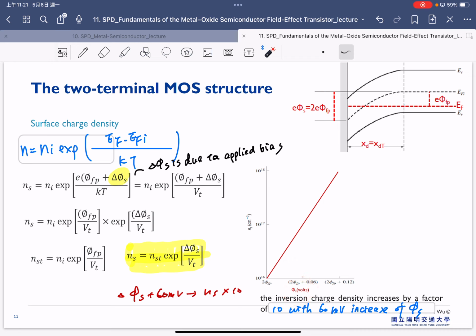So you can find out that this is phi_FP, this is phi_FP plus 0.06. So that's 60 millivolt. So delta phi_S of 60 millivolt leads to 10 times higher surface charge density here.